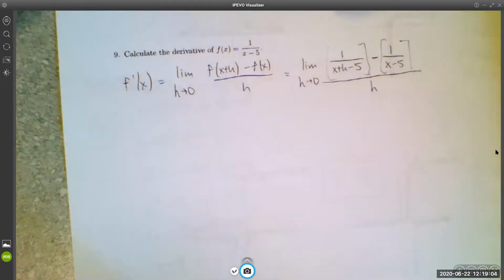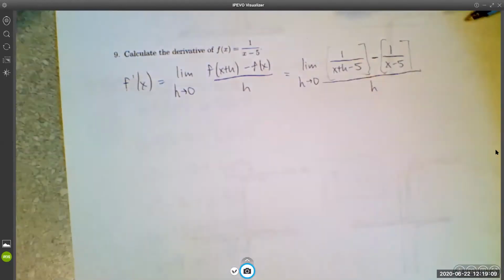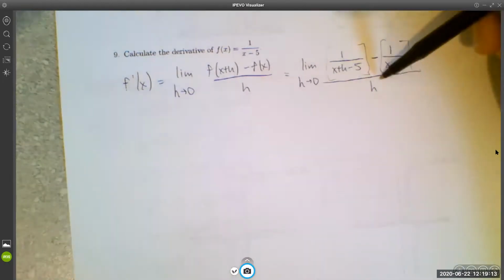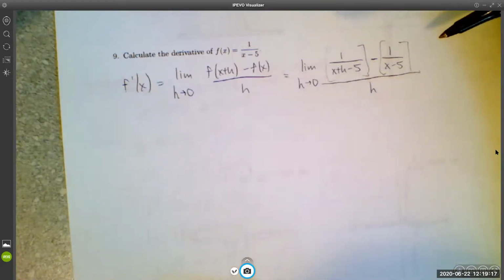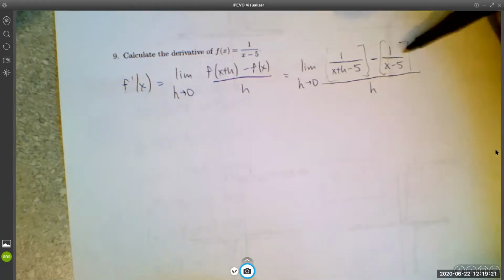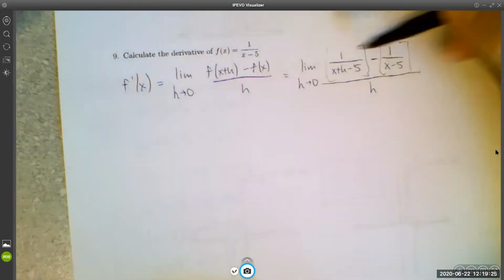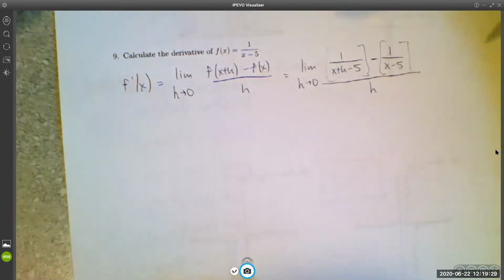h. Now, if we plug in 0 right now, we're going to get a 0 in the denominator, and that's not allowed, right? So we've got to try to simplify some stuff, see if we can cancel that 0 in the denominator. What's the best way to do this? I think probably the best thing to do would be to try to get a common denominator and combine these two expressions.